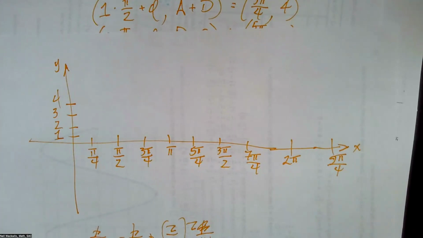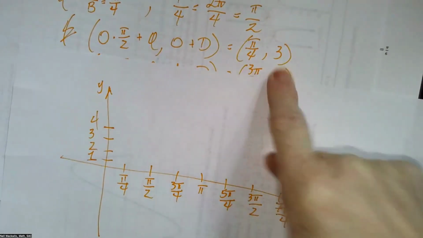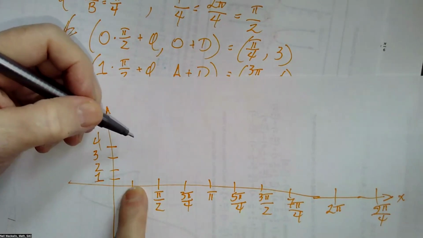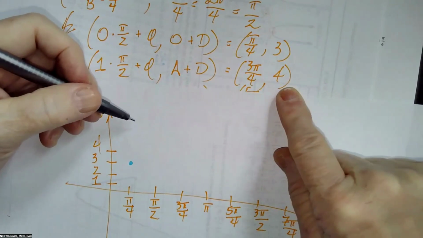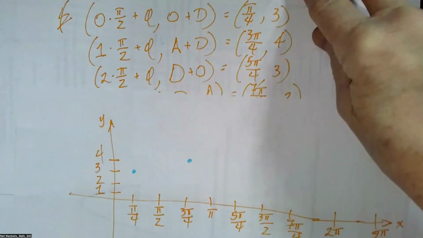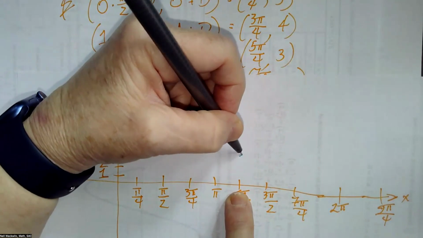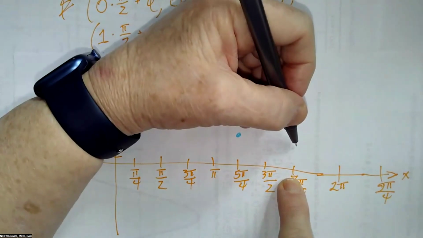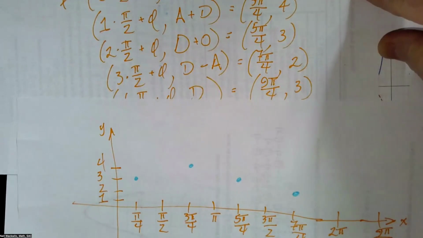Now we have our point at pi over 4 comma 3. We have our point at 3 pi over 4 comma 4. We have our point at 5 pi over 4 comma 3, 7 pi over 4 comma 2, and 9 pi over 4 comma 3.